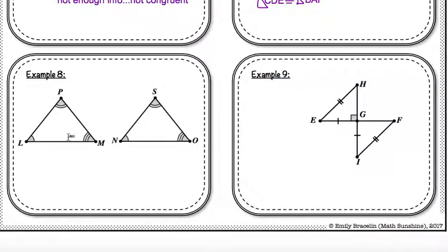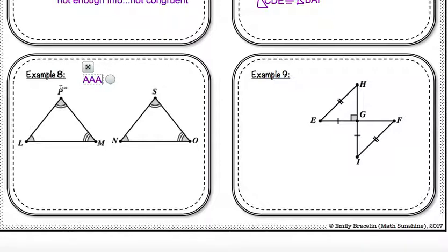On example 8, I see that both triangles have an angle on the left with 1 marking, an angle on the top with 2, and an angle on the right with 3 markings. So I would be tempted to call this angle, angle, angle.